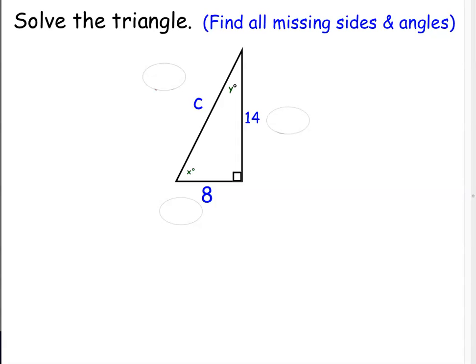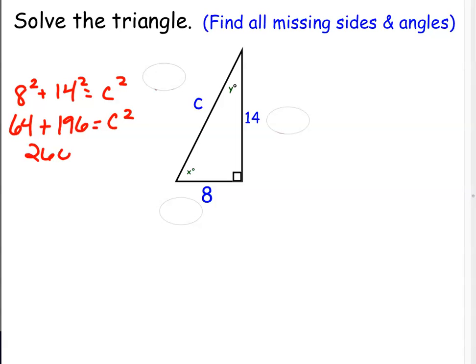All right, so given two sides, we can use Pythagorean theorem to find the other one. So 8 squared plus 14 squared equals c squared. 8 squared is 64, 14 squared is 196. What do we get when we add those? So 260 equals c squared, which means c would be the square root of 260.